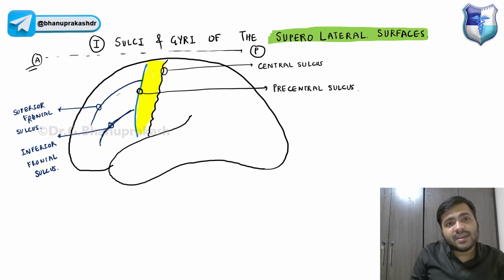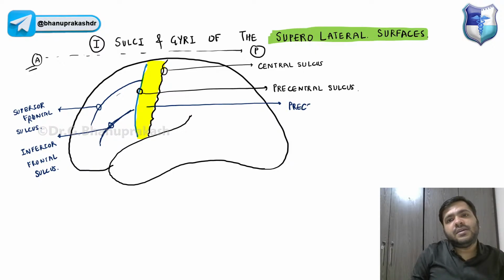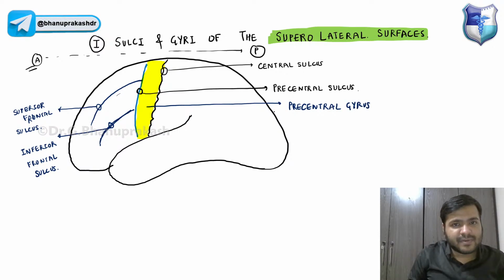Very, very important. It is the pre-central gyrus. It lies between the central sulcus and the pre-central sulcus.